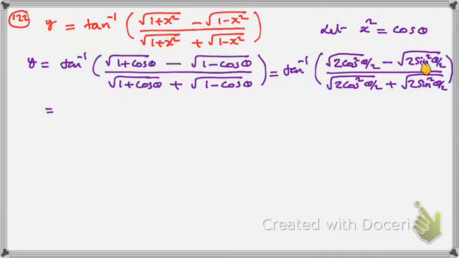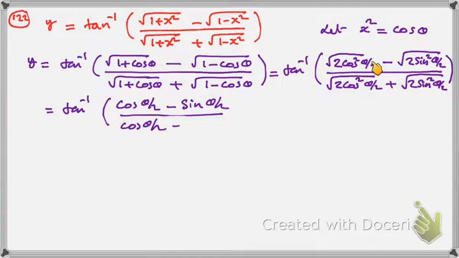Root of cos square theta by 2 will become cos theta by 2, and root of sine square theta by 2 will become sine theta by 2. So tan inverse of, root 2 is gone from all the four terms. Now root of cos square theta by 2 is written as cos theta by 2, root of sine square theta by 2 will become sine theta by 2.